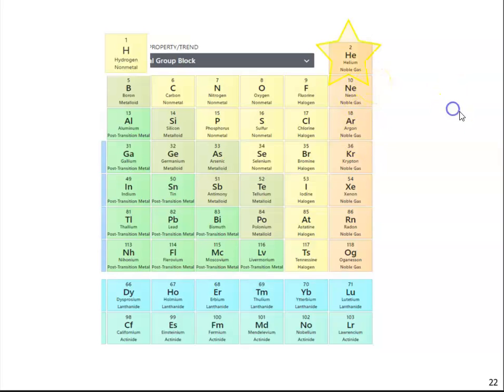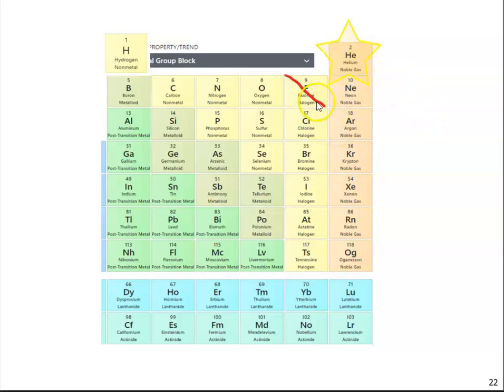But I like to think of helium as the star of the show, and it's going to be the corner linchpin of this whole idea. We're not going to use this in any bonds, but we're going to look at it as that star, that prime focus of the rest of the periodic table. We're going to think of these things as all being in a show, watching this star.